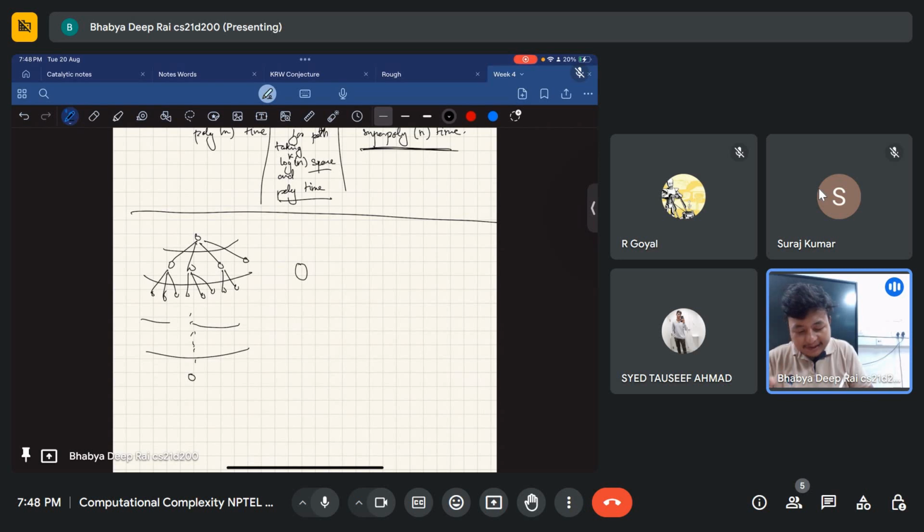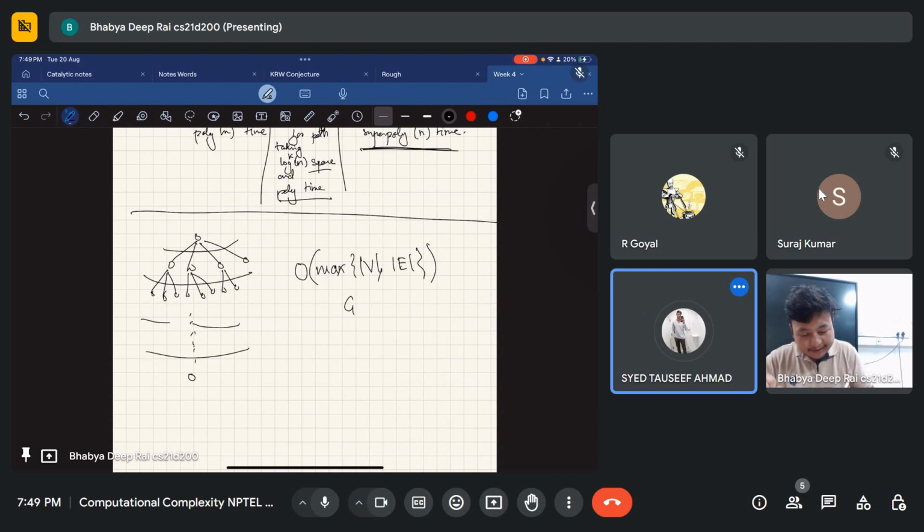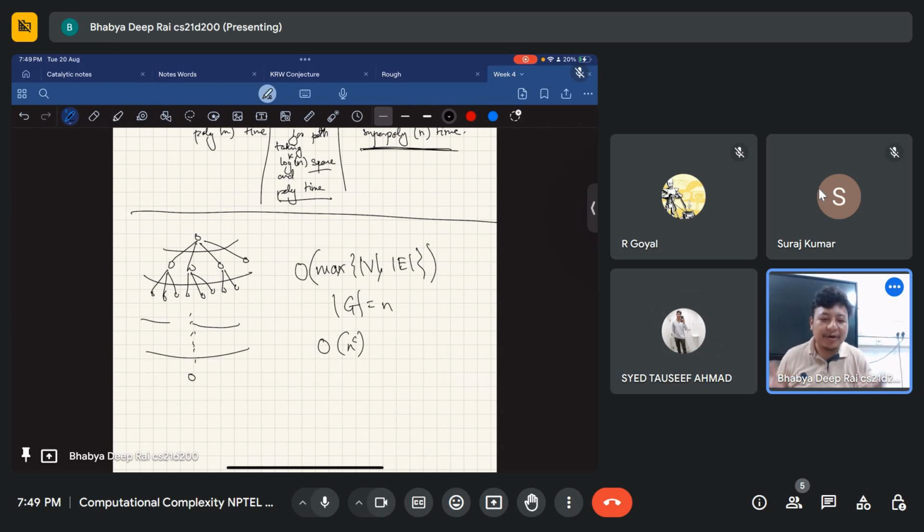So how much time will it take? It will take the maximum of the number of vertices or the number of edges, whichever is more. Usually it's the number of edges. If the size of the graph is n, then you are only taking some order n time, or order n to the c time. Polynomial.